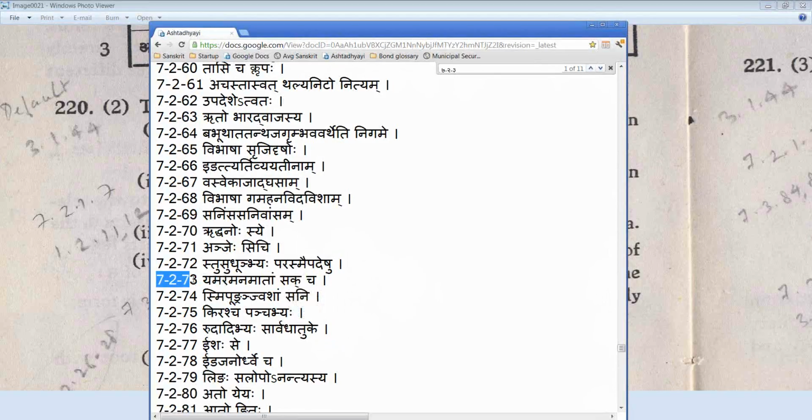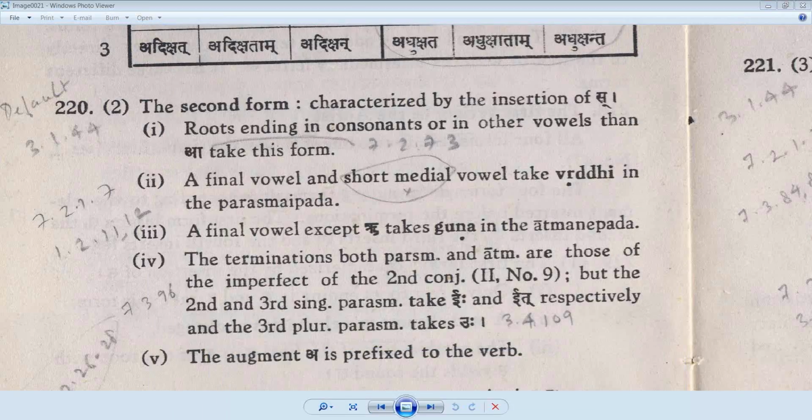We will see it soon. So right now, let us make a note that these akaranta dhatavaha, okay, parasya padeshu, they have a special form coming. So that is why in the book he has said that we will leave out this akaranta for the time being. Okay, so we are going to study 7-2-73 shortly. They are going to take an exceptional form.